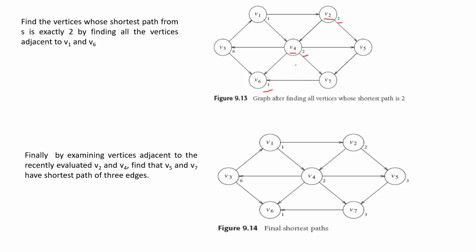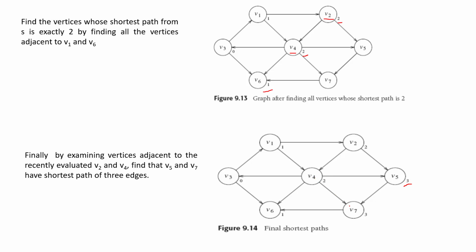Finally, when we come to V4 and V2, we find what other places we can go to from either V2 or V4. So we have to find the next edge. From V2 we can come to V3, V5, so it takes 3 units.